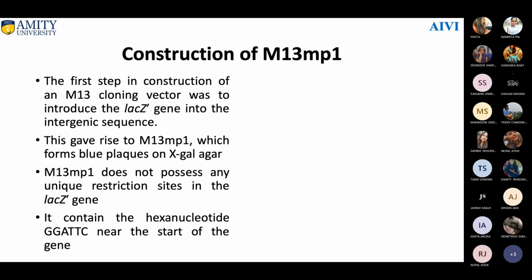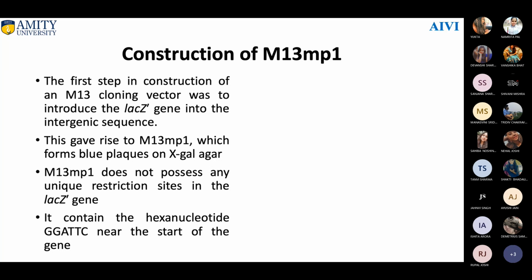The first step in the construction of the vector is to introduce a LacZ gene. This LacZ gene is the same as what we discussed in the case of the plasmid. It serves as a marker for selection, to tell whether your gene has been cloned or not, since insertional disruption occurs if you clone within this site.